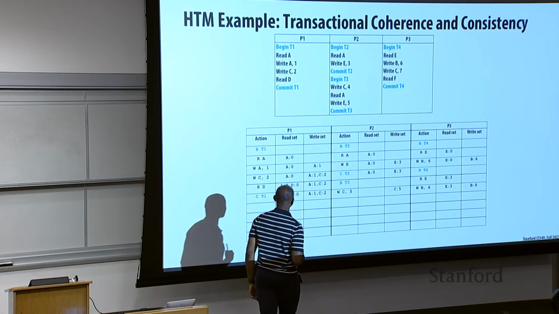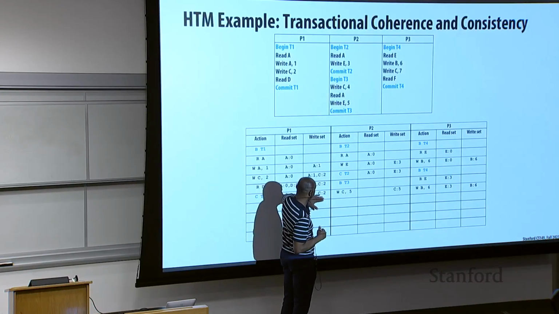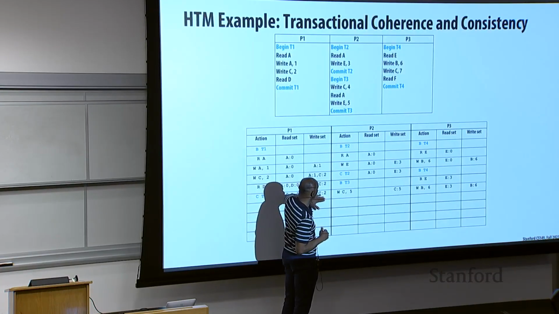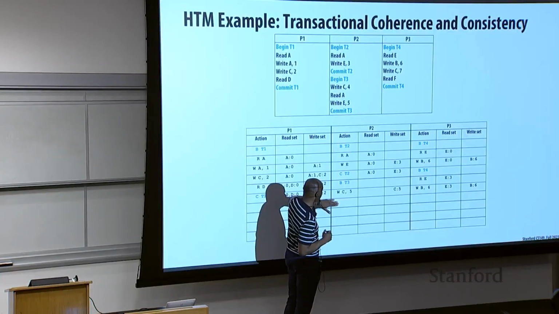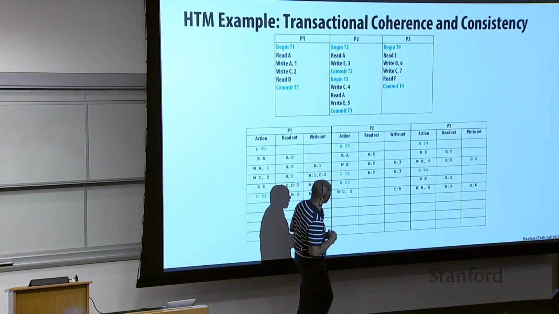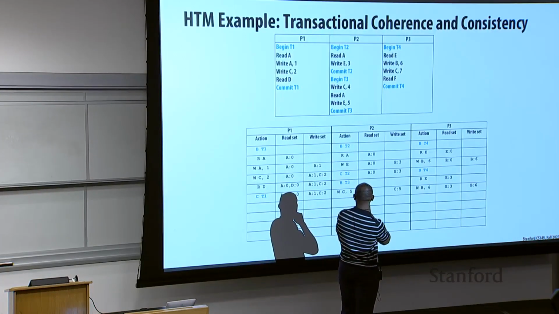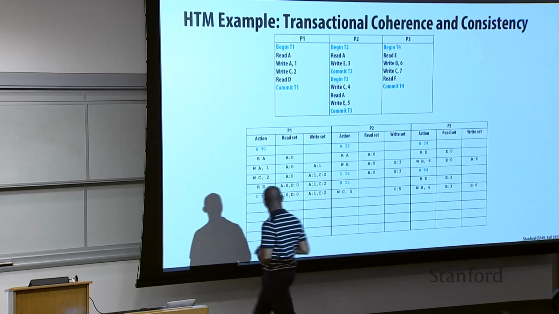Exactly. Okay, so what's the write set of this committing transaction? What is the write set of... read set of the other transactions? Doesn't have any. So it looks like we're okay.